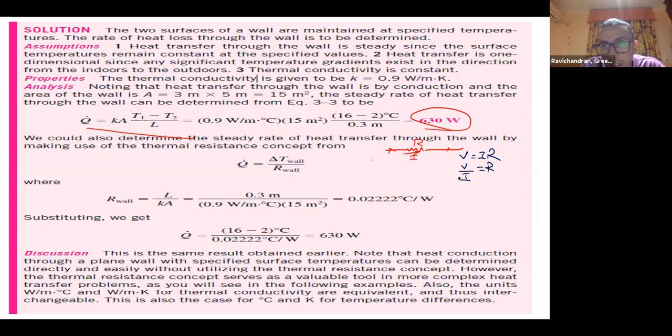What does I represent? Q. What does V represent? Delta T. We need the general equation to conclude what R is.